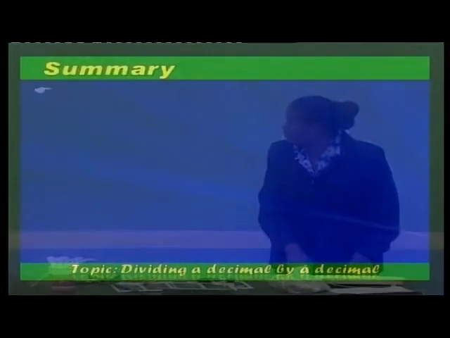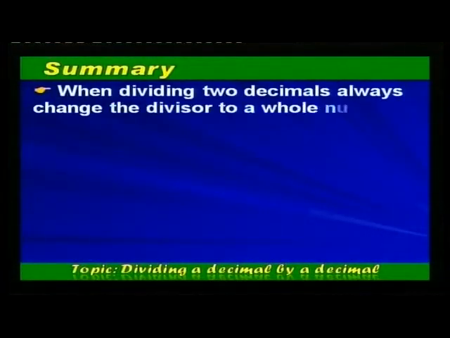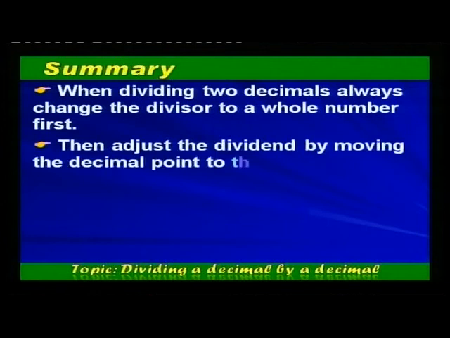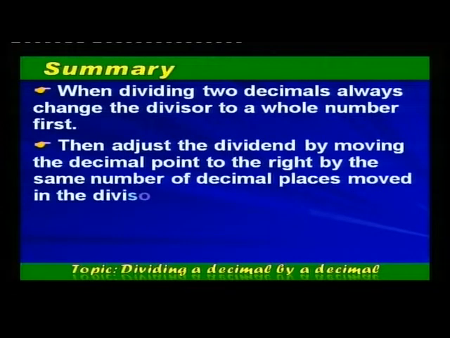Okay, our summary for today. When dividing two decimals, always change the divisor to a whole number first. Then adjust the dividend by moving the decimal point to the right by the same number of decimal places moved in the divisor.